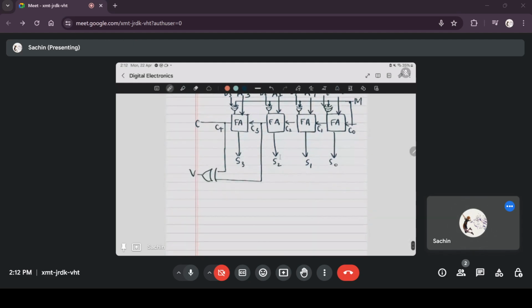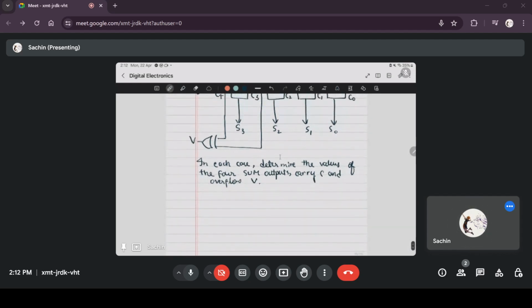Okay, the question here is, in each case, determine the values of the 4 sum outputs, carry C and overflow V. So we have to write S3, S2, S1, S0, carry and overflow.